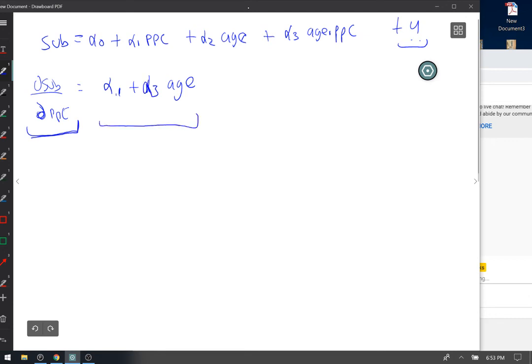So therefore, there isn't just one marginal effect now. If alpha 3 is naught, namely there's no interaction effect, then the marginal effect is just constant. It's just alpha 1 for all people of all ages and all characteristics. When alpha 3 doesn't equal naught, it depends on the age. So there isn't just one marginal effect. There's one for each age level. So then it's a matter of which one do you want to report.